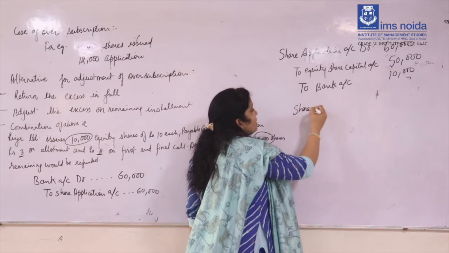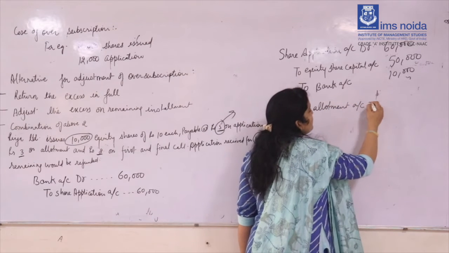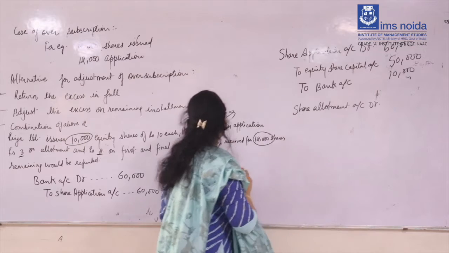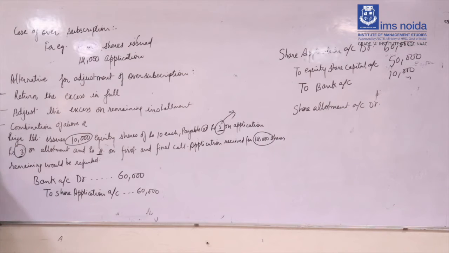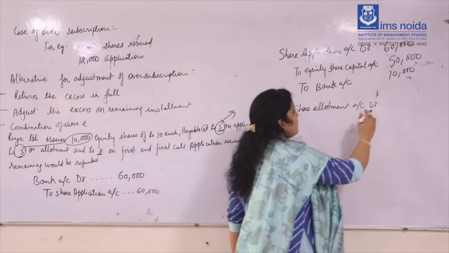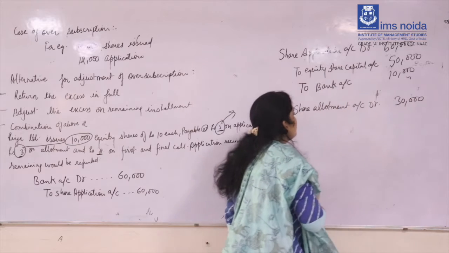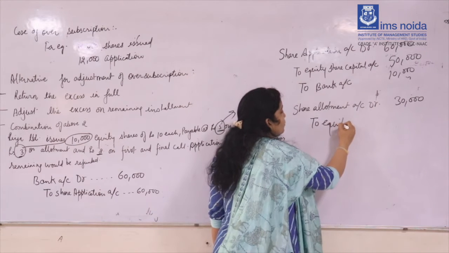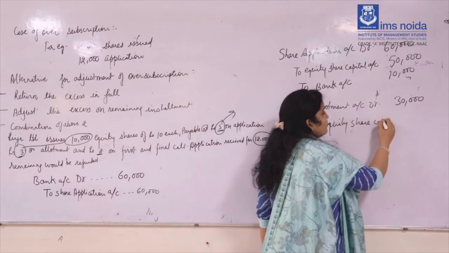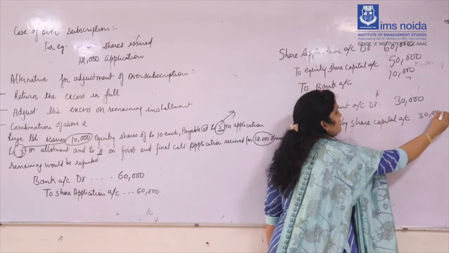So share allotment account debit. And what is the allotment money? Allotment money is 3, for 10,000 shares. So share allotment account debit 30,000 to equity share capital account, again 30,000.